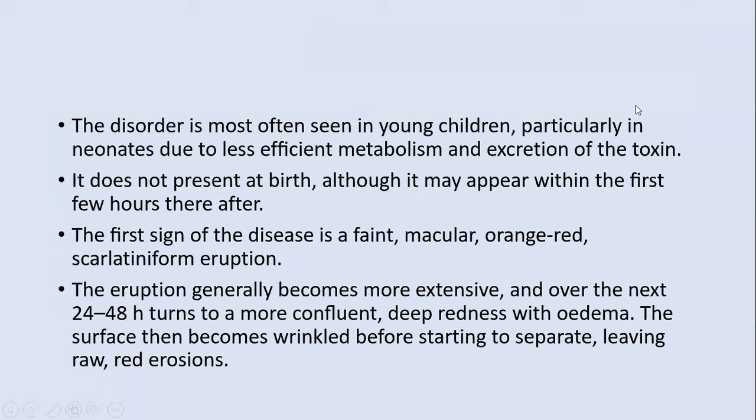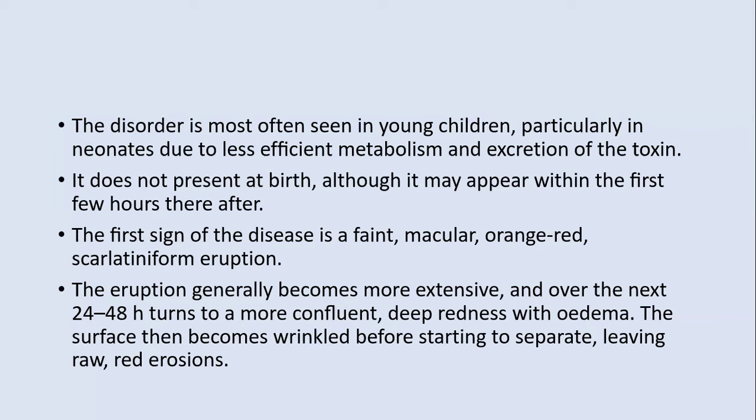The disorder is seen commonly in young children, particularly neonates, due to less efficient metabolism and excretion of this toxin. It does not present at birth, although it appears in the first few hours. The first sign of disease is a faint macular orange-red scarlatiniform eruption.